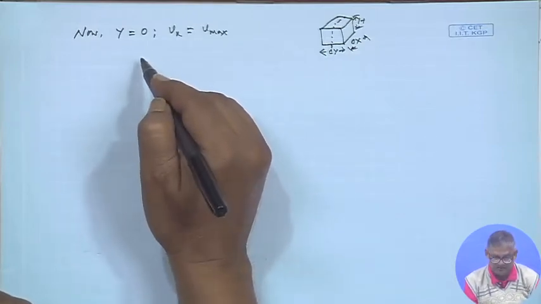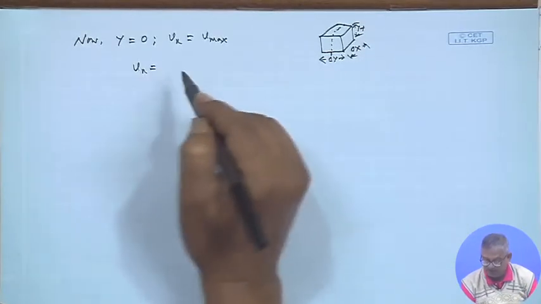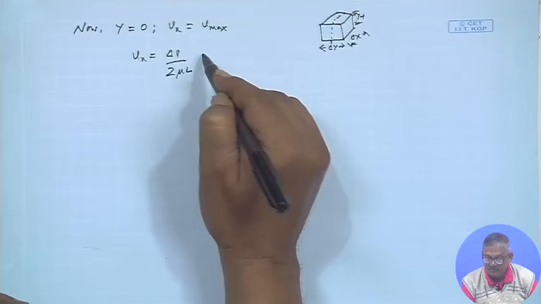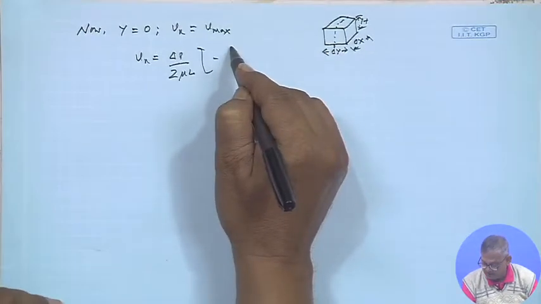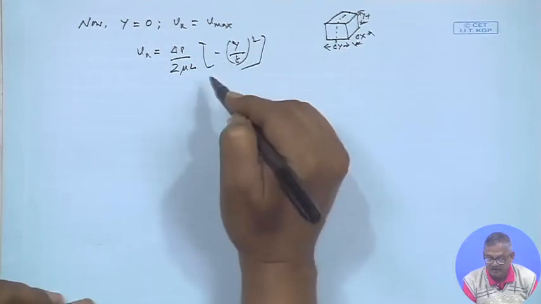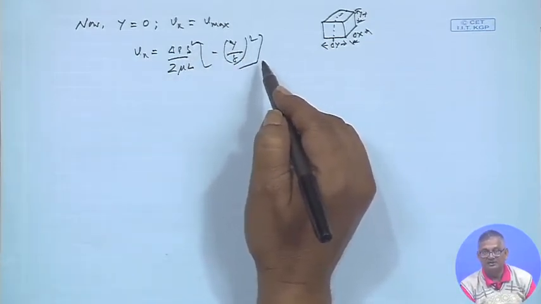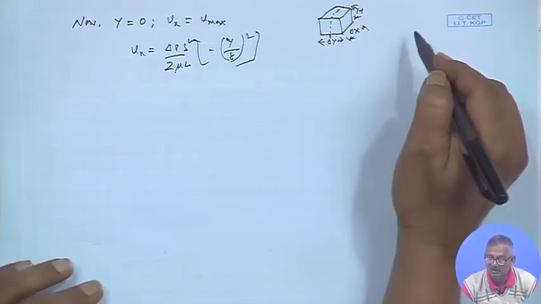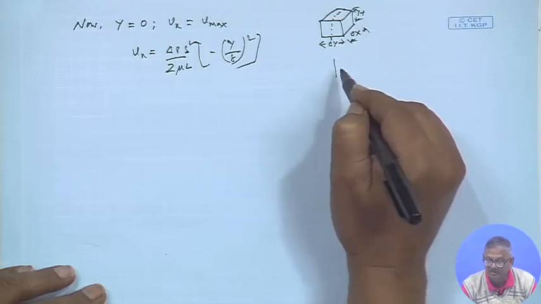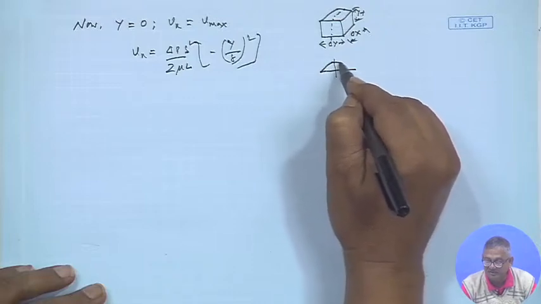We had this equation: V x is equal to delta p by 2 mu L into 1 minus y by del whole square. This is nothing but a parabolic equation. That is why the velocity profile we always see is parabolic like this.